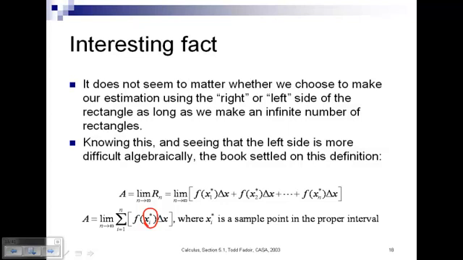Any value in the ith interval will do. By the way, this, what we just did, has a special name, and it's called, oops, Riemann Sum. Bernard Riemann, mathematician, 17th century.